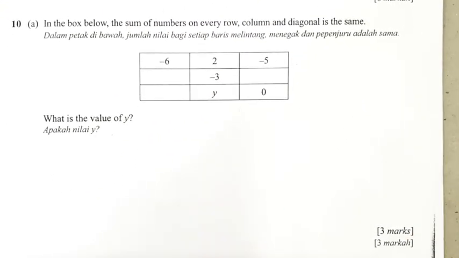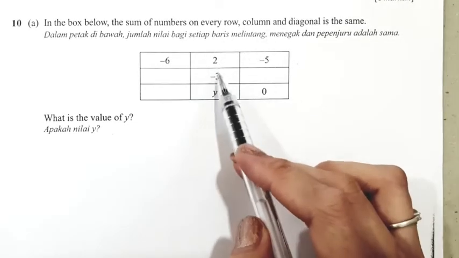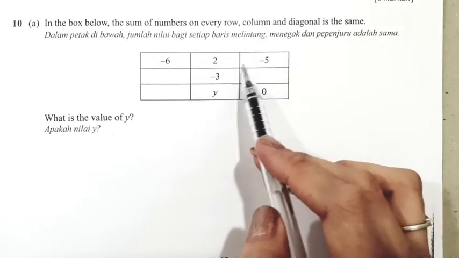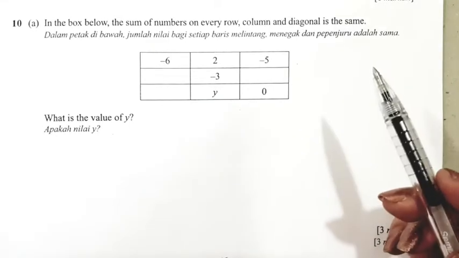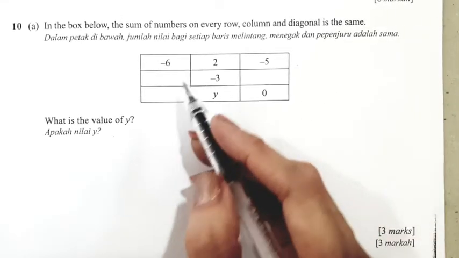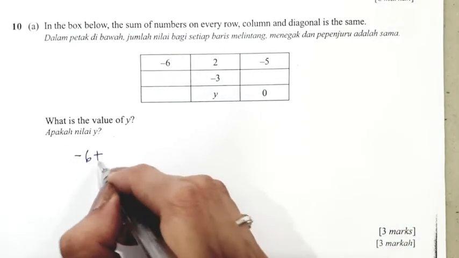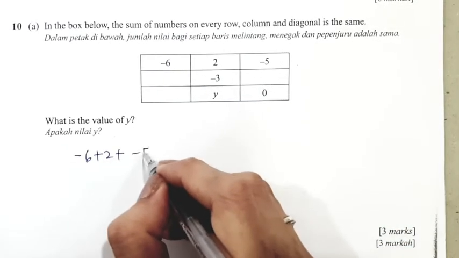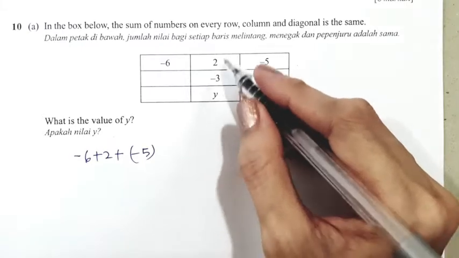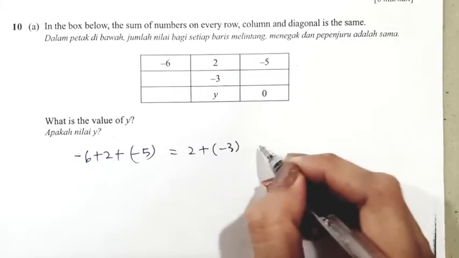Okay, in the box below, the sum of every row, column and diagonal is the same. So we need to find the value of y. So how do we do? So you see the row here, -6 plus 2 plus -5. It must be the same as the column, so equals 2 plus -3 plus y.